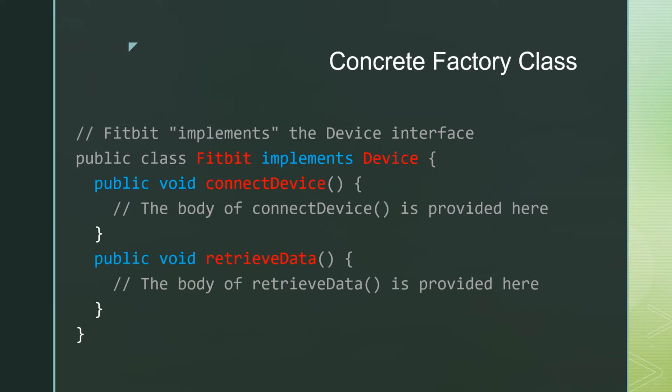In our second concrete factory class, we can see that the same type of code is written, except this time it's for Fitbit. Again, as with the Apple, the connect device and retrieve data methods must be included, but this time the code that is inside of those methods will be different, as it will be customized for the Fitbit.